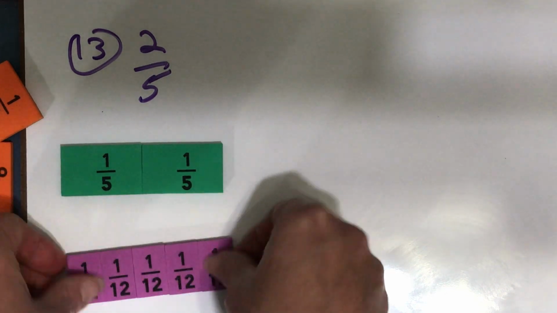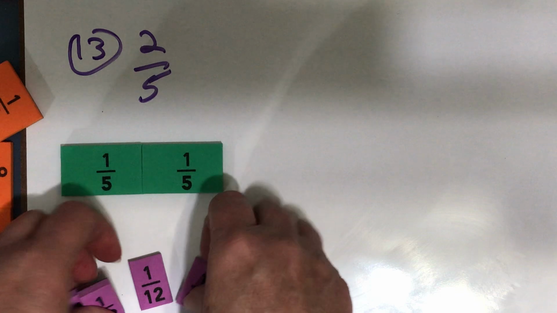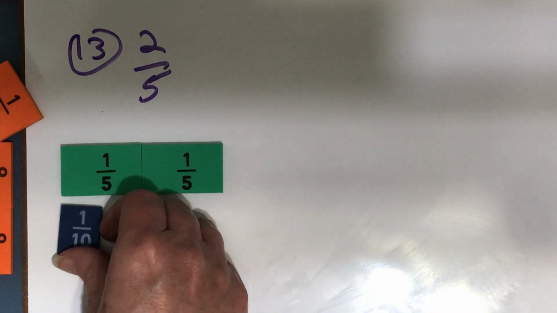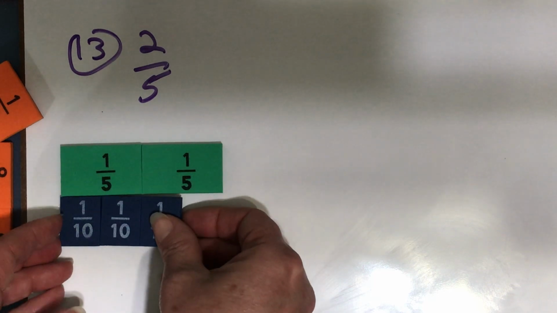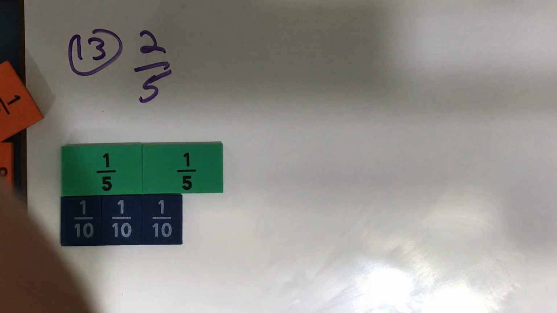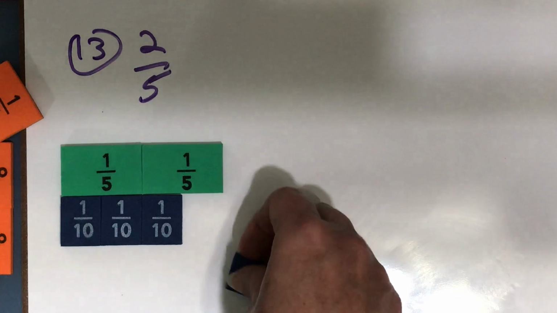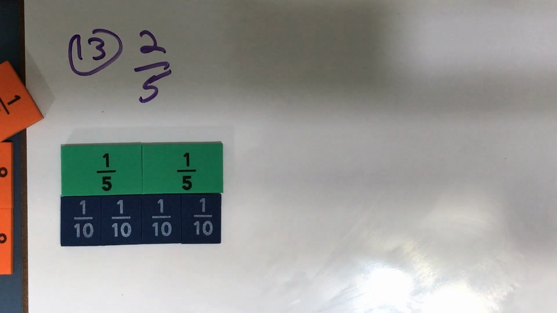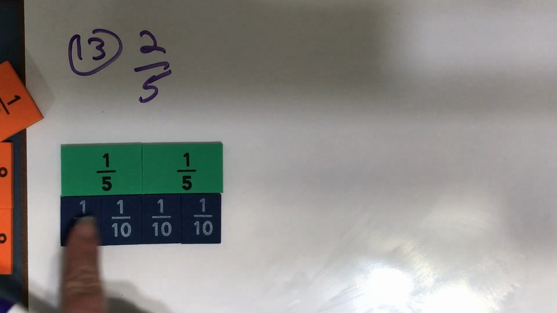So those are not equivalent fractions. They're close, but not quite. But now if I try my tenths, let's try tenths. 1, 2, 3, 4, 4/10. That is equivalent.